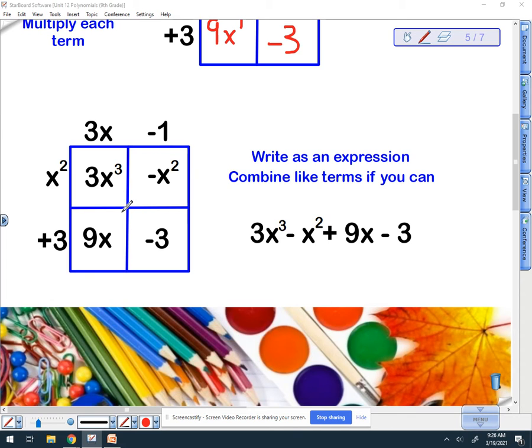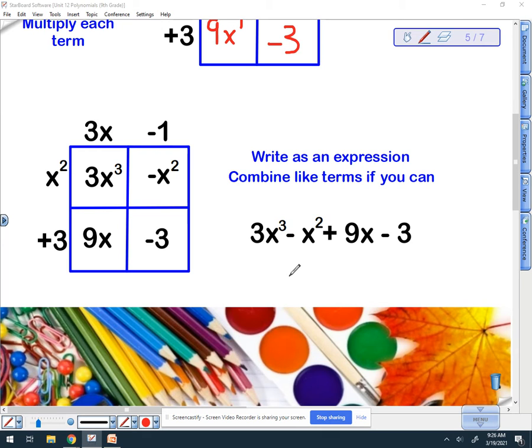So you're going to take which one has the biggest degree and write that down. 3x to the third, write it down. Negative x squared, so minus x squared. 9x, and negative 3, so minus 3. And then can I combine like terms? Nope, there's nothing to combine, so I'm done.